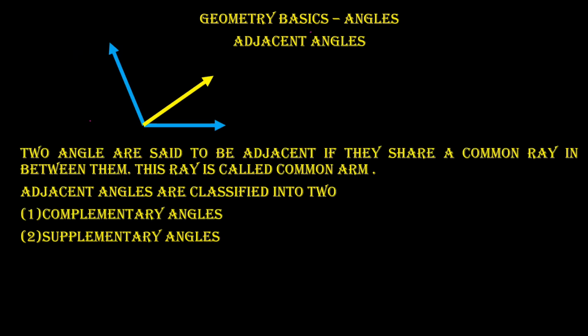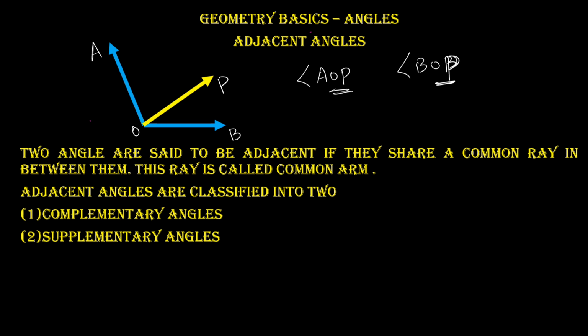Now go to the next one, adjacent angle. What is adjacent angle? Two angles are said to be adjacent if they share a common ray. You see here AOB, and they are sharing the OP ray. If you take angle AOP as one angle and angle BOP as another angle, they are sharing the OP ray.